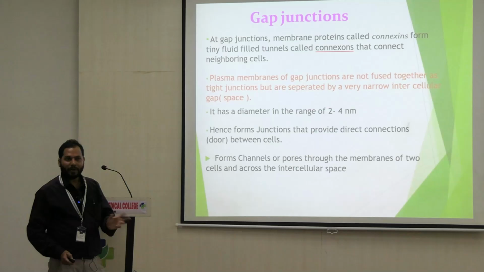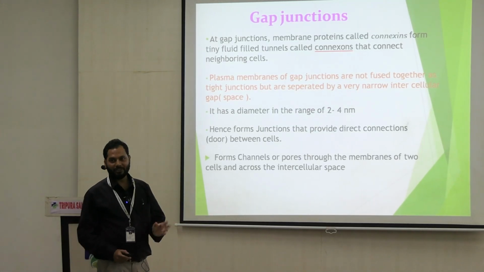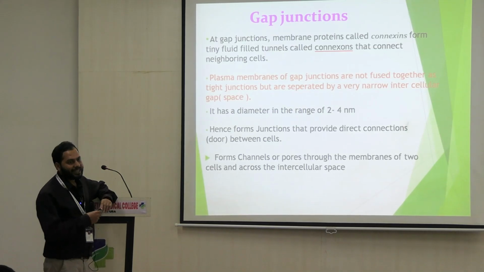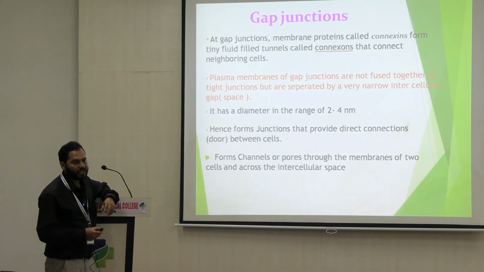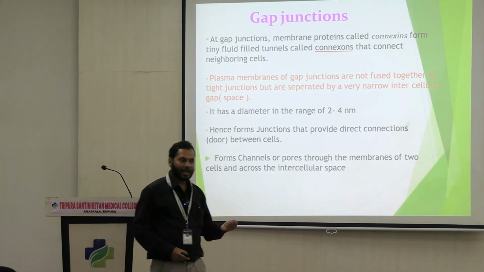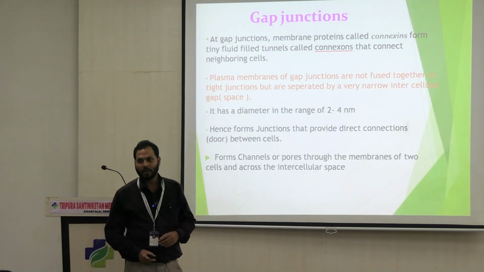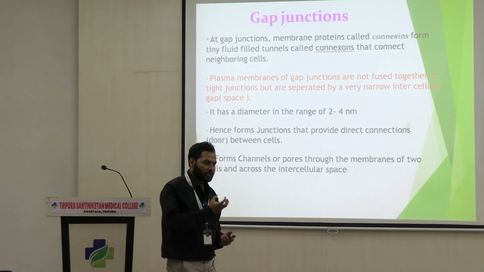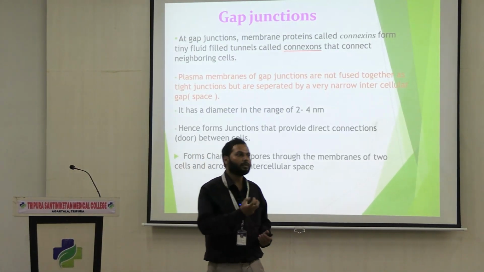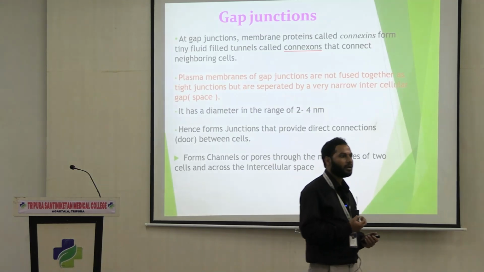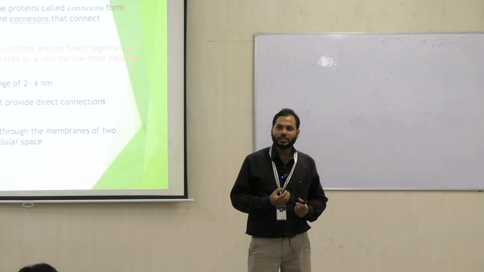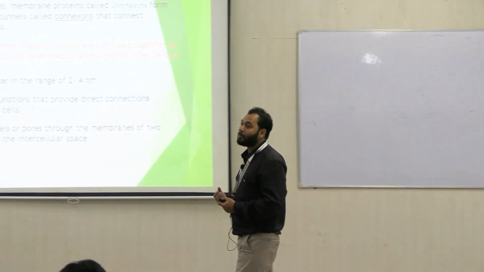Another important part is called the gap junctions. So what are the features of gap junctions? We have already seen that gap junctions are also known as channel-forming junctions. Gap junctions allow molecules to pass from cell to cell through this channel, right? If you see the structural organization of gap junctions, it is basically made up of an important protein called connexon, and connexon is a molecule made up of subunits of connexin.